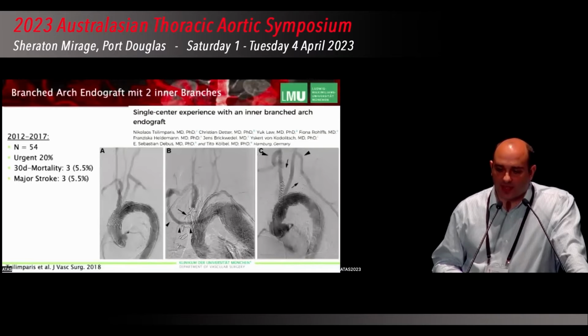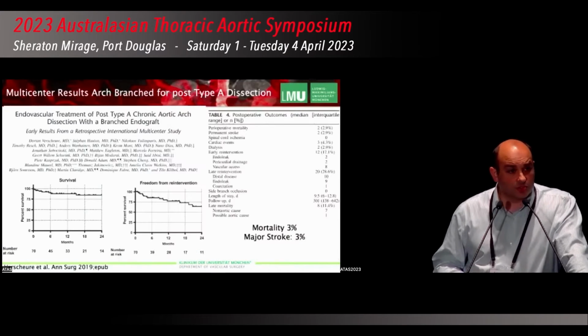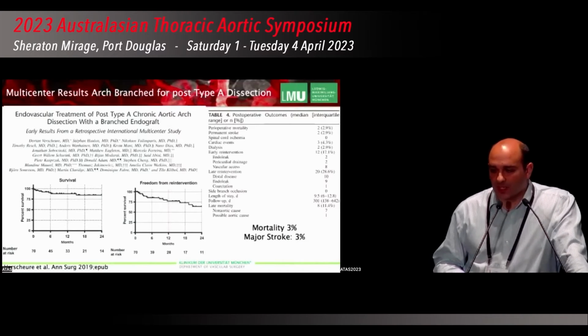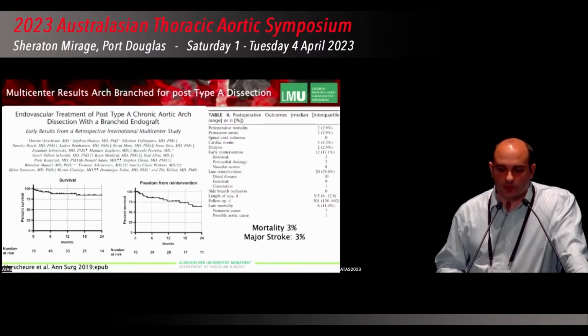And we published the first experience back in my time in Hamburg with 54 patients back then, now more than 150 patients experience, with very good results in terms of mortality and stroke rate. However, of course, also selected patients. The following experience that was also published, especially in the subgroup of patients that have an ascending open repair, was very good.